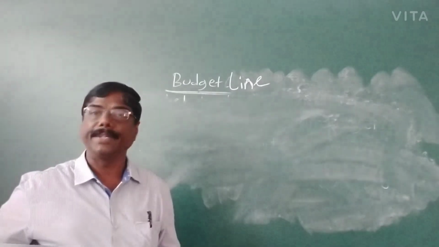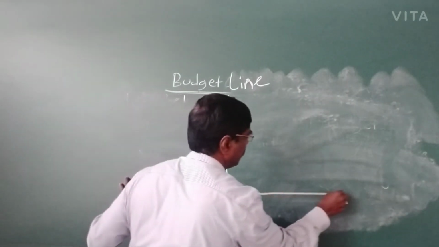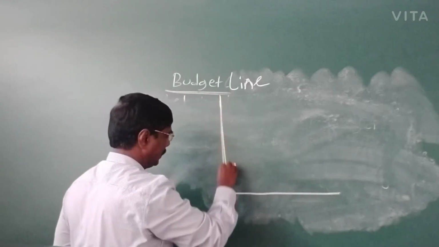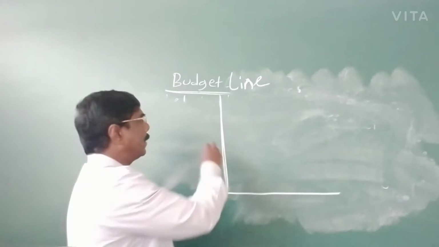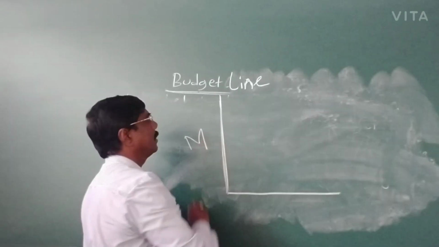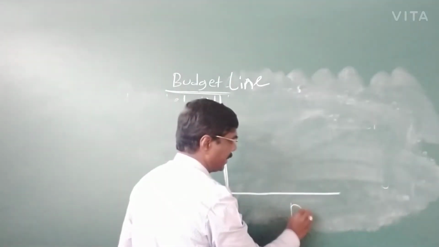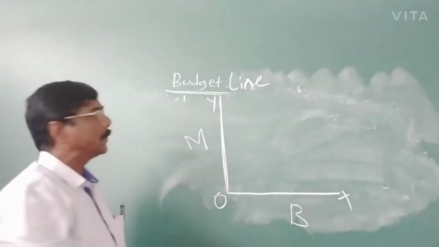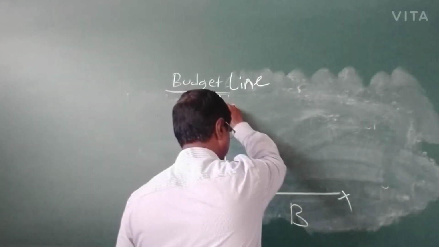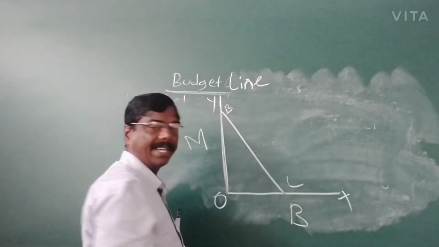So draw this figure. Mangoes along the y-axis, and banana along the x-axis.